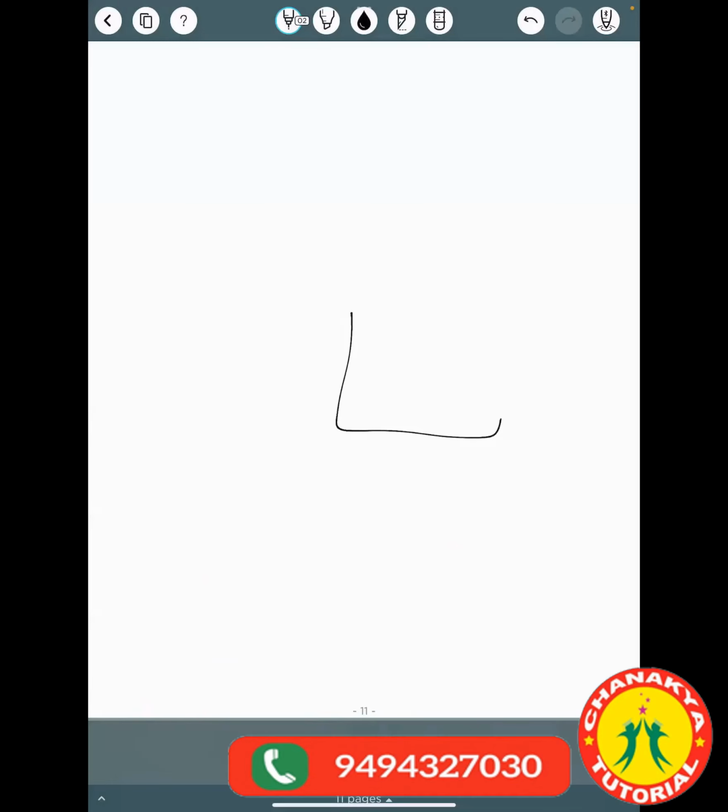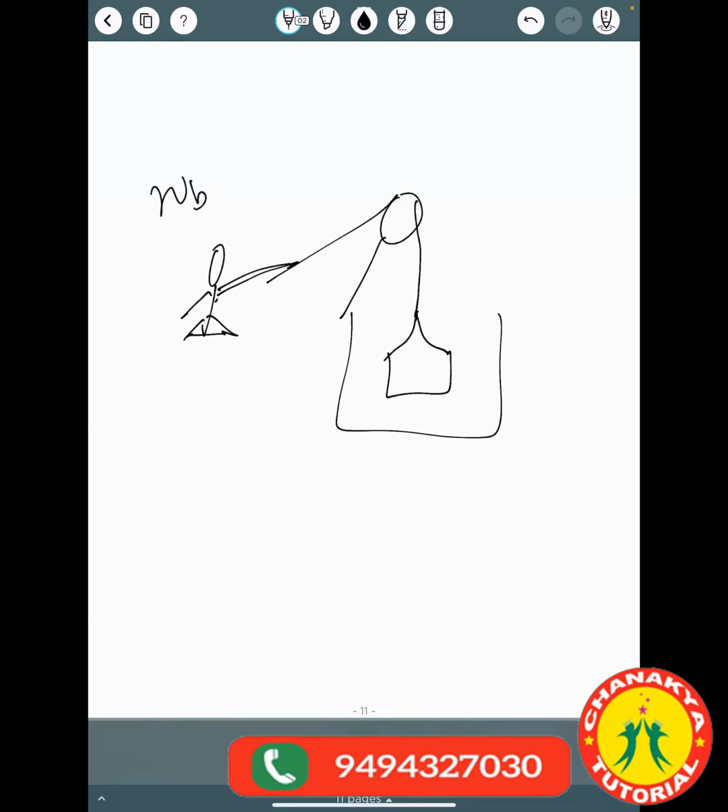So there is a well, and there is a bucket, something like this, and we pull it like this, right? They are asking the work done by the man. The force applied by the man, what is the direction?